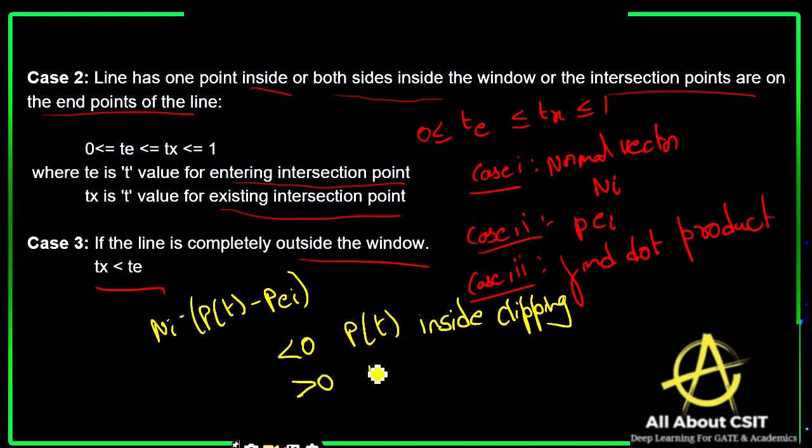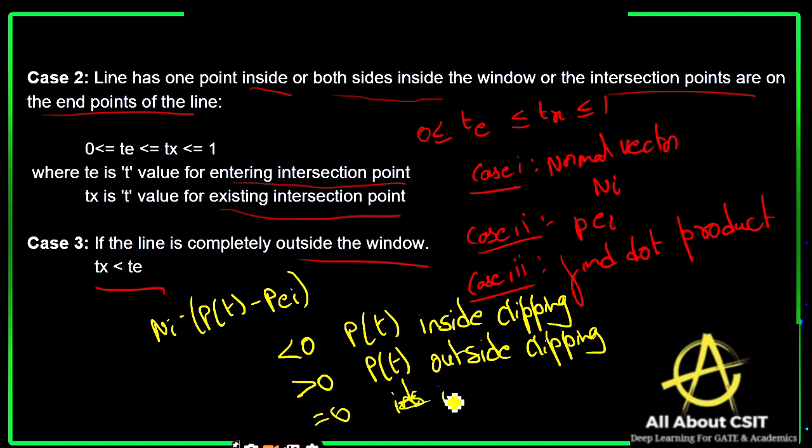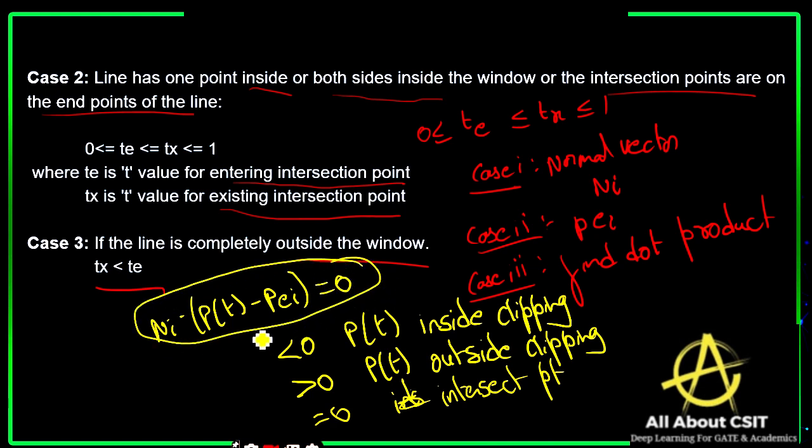If it is greater than 0, then P of t is outside the clipping window. If it is equal to 0, then we will find the intersection point. That means Ni into (P of t minus PEi) equals 0, only then we get the intersection point.